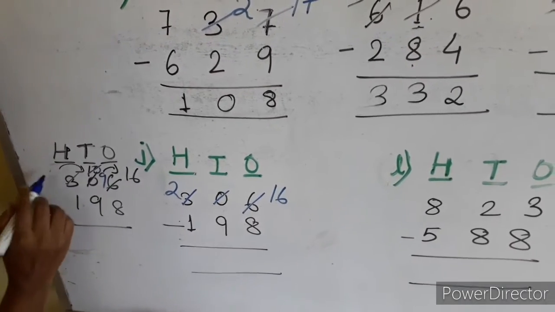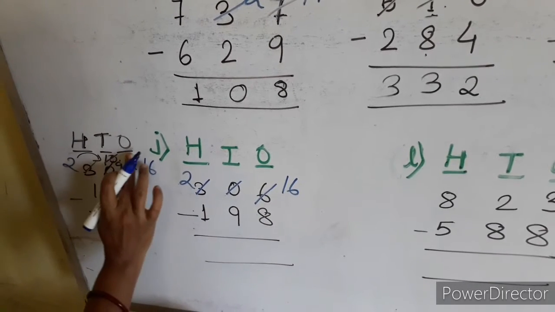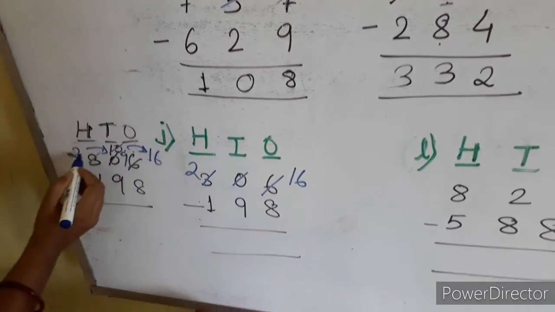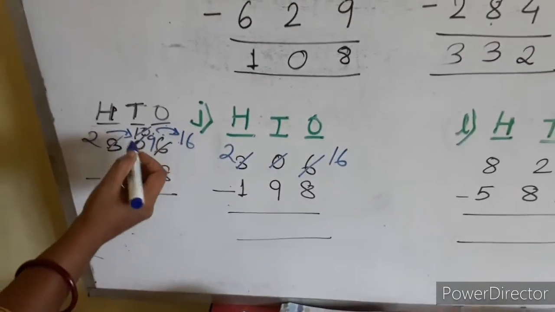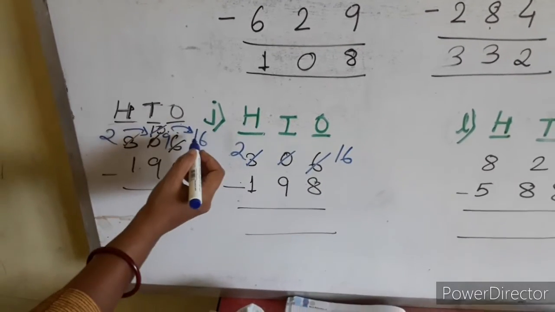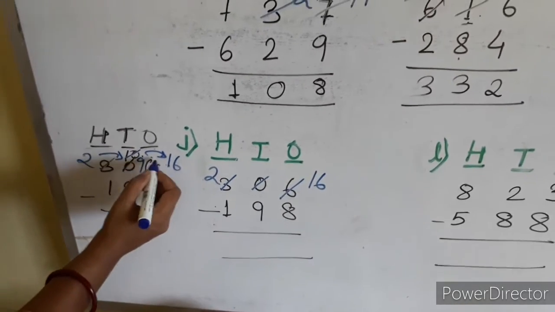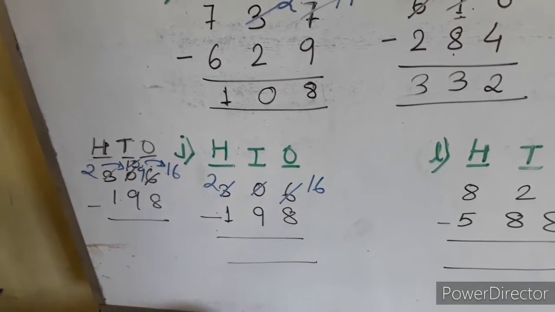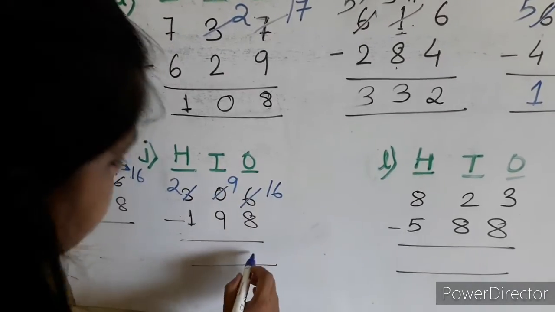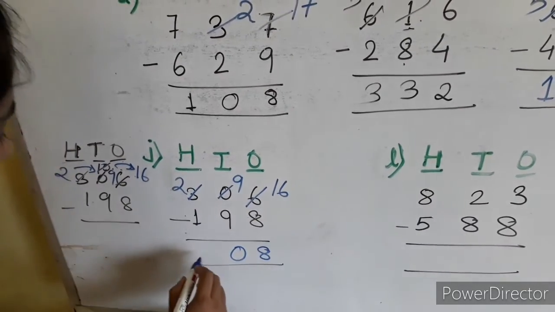I will just change the number. First they take the number from the 100 place, then from the tens place we take 10, and when the number goes to the ones place, it changes to 9, and this will be 16. Now we will subtract it. 16 minus 8 will be 8, and 9 minus 9 will be 0.